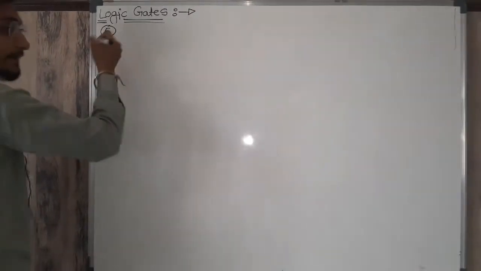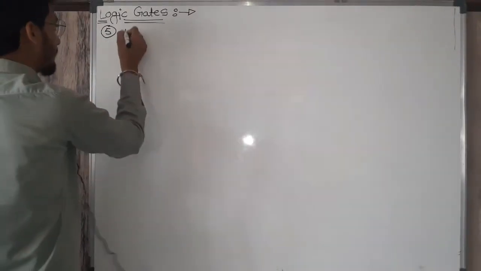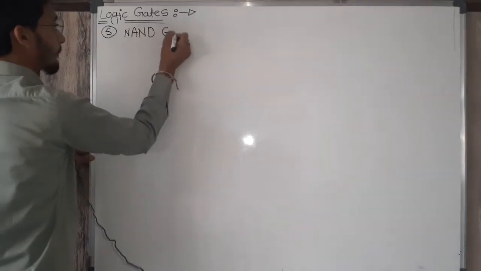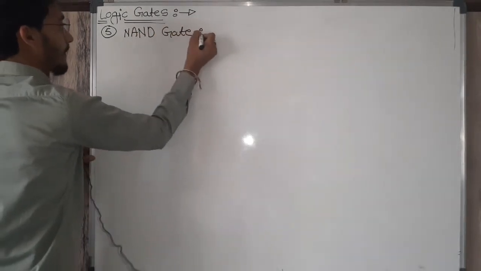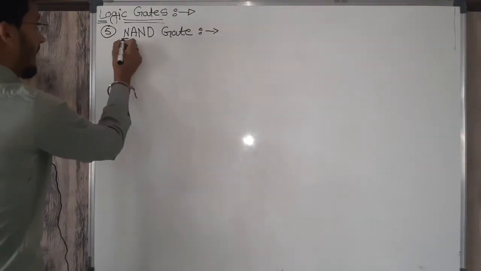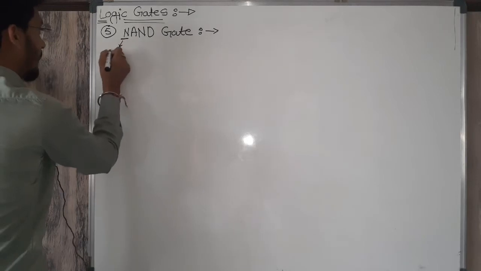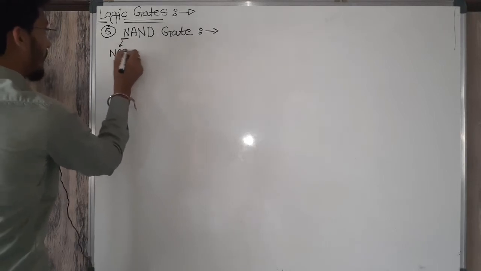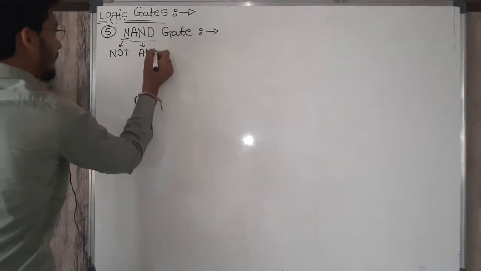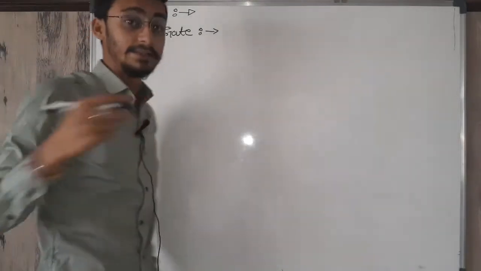The fifth type of gate is the NAND gate. What is a NAND gate? Very simple. Similar to the NOR gate, N represents NOT and AND represents the AND gate. So NOT AND gate is the NAND gate.